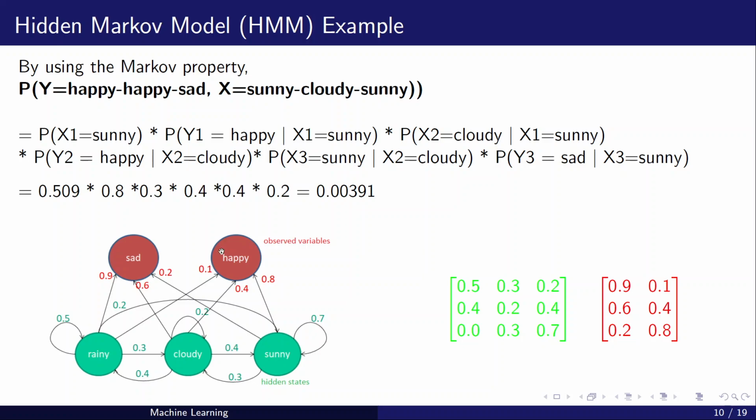By calculating the left eigenvector, you will get 0.509. Let's say you are given this value, so it is the product of these 6 terms, and you get 0.00391. This is how you can calculate the probability of y comma x.